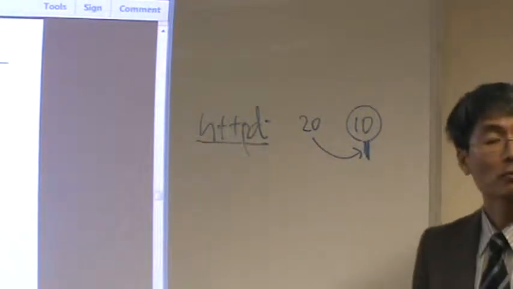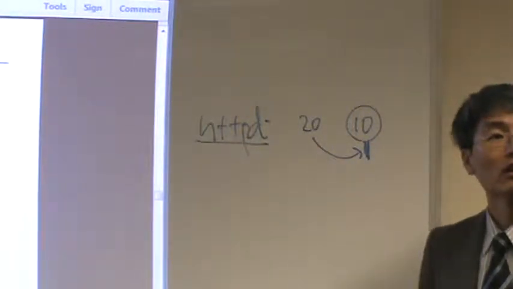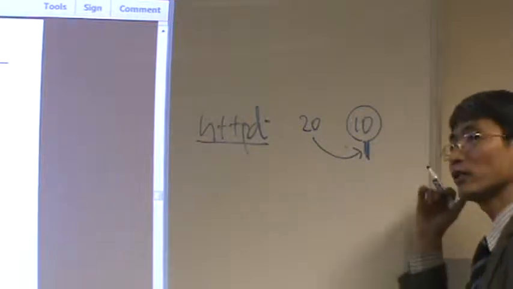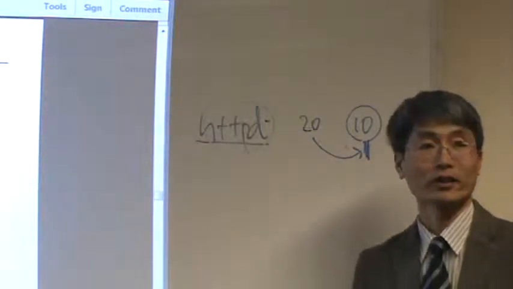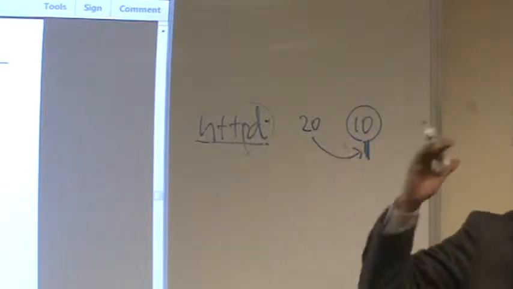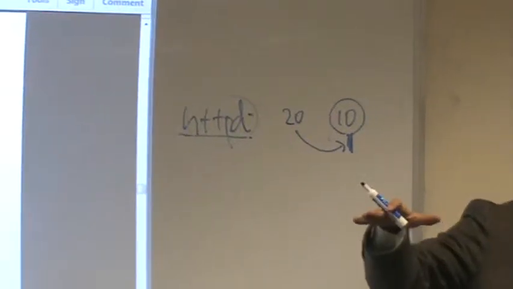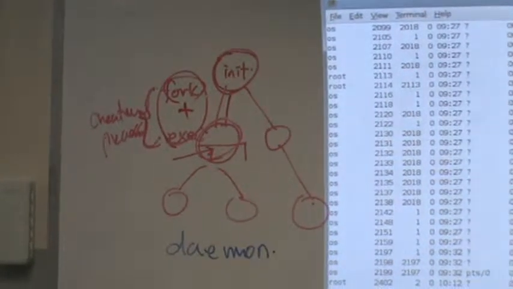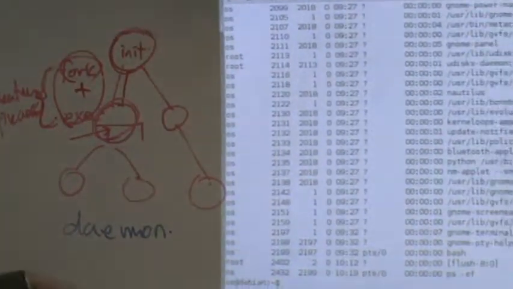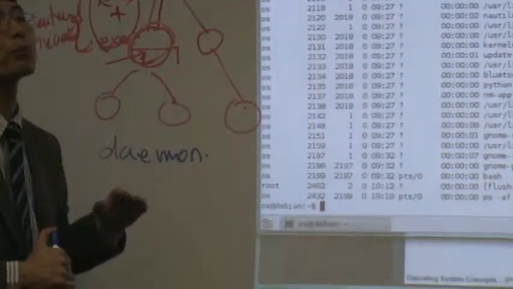Okay? Which means even though you log out, this child process will not be terminated and is still working for the service as a server. That is called a daemon program. That's part of the orphan process family, but it's different from the typical orphan process. It is called a daemon program.